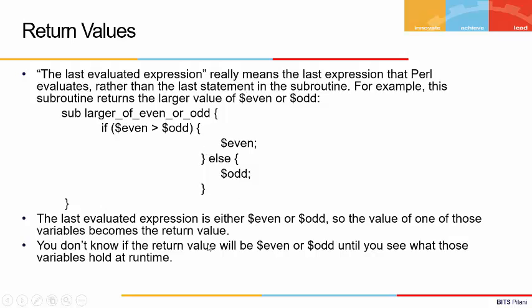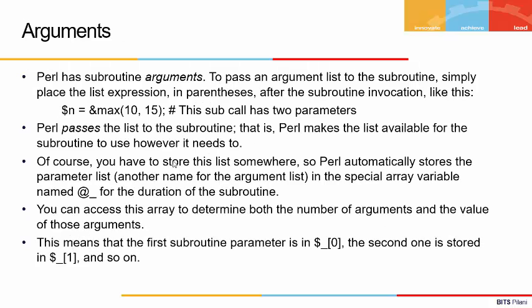You don't know if the return value will be even or odd until you see what those variables hold at that time. Whatever the value is, that is what it will return. This is an important thing you need to know while you are writing a subroutine.